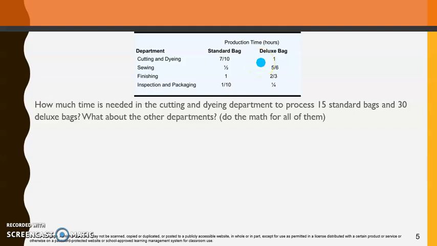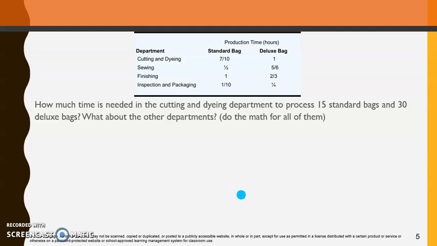So when we want to see how much time is needed in the cutting and dyeing department to process 15 standard bags and 30 deluxe bags, it would be 15 times 7/10 plus 30 times 1. And the same goes for the others.